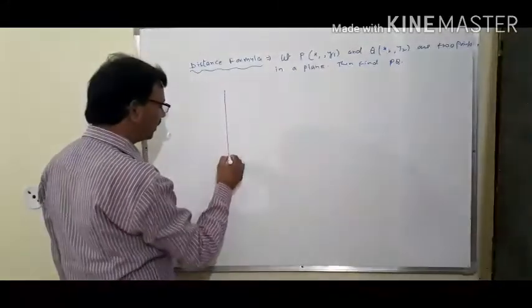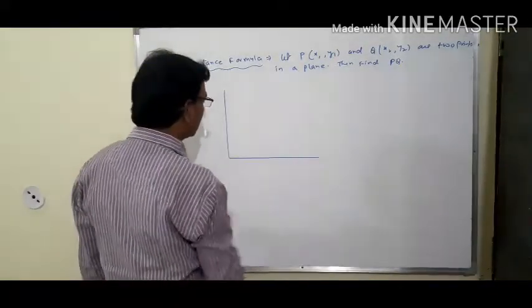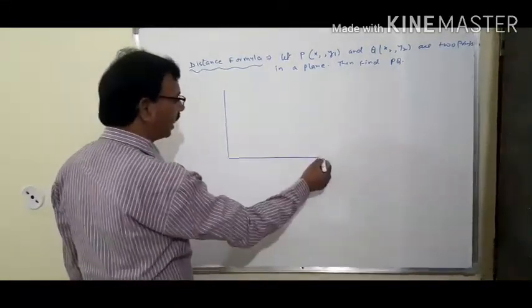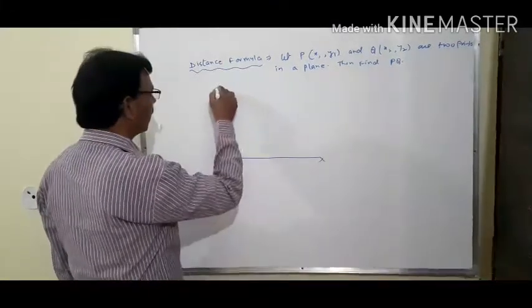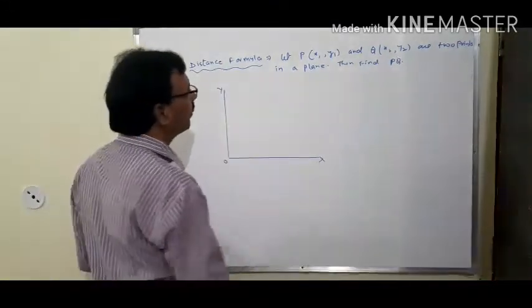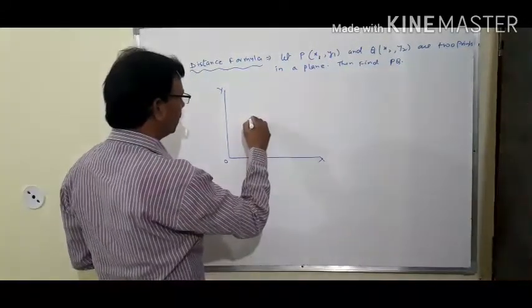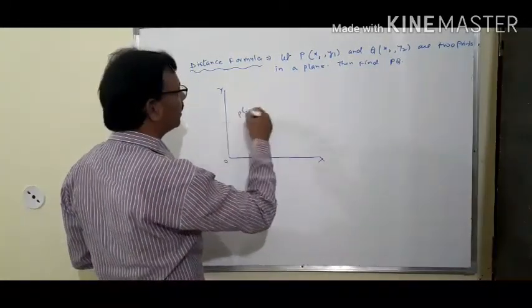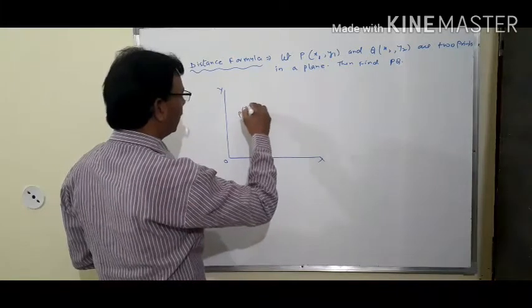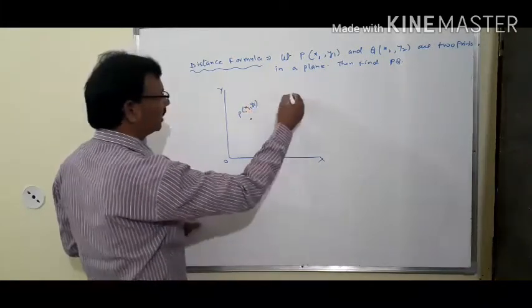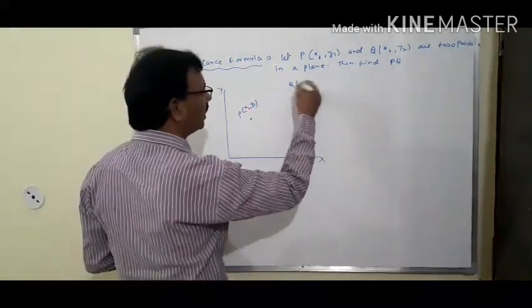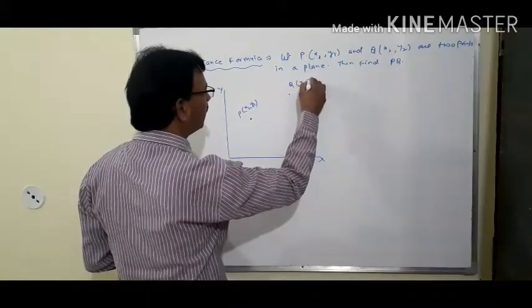Now first make the Cartesian plane with x, O and y. Let this be the point P whose coordinates are x1, y1, and this is the point Q whose coordinates are x2, y2.